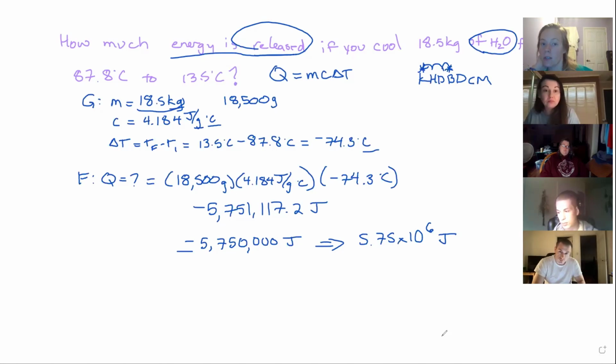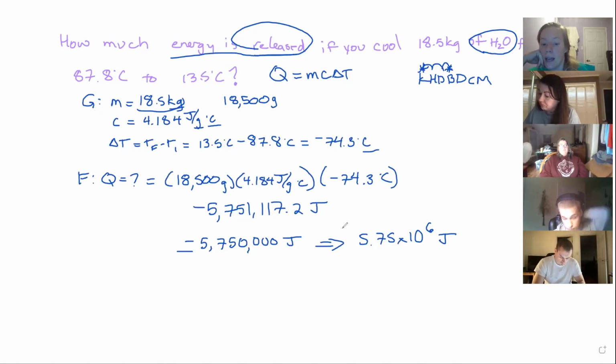So any questions on specific heat capacity problems? You can definitely expect at least one of these on your test. Your test is online and it's going to be multiple choice format. So this would be given to you as a multiple choice, which means it would have A, B, C, and all the numbers would be different.